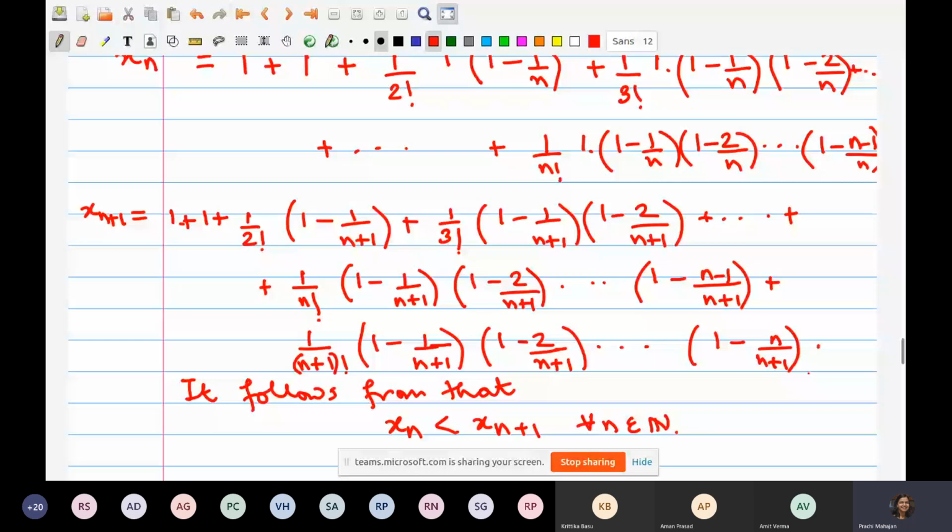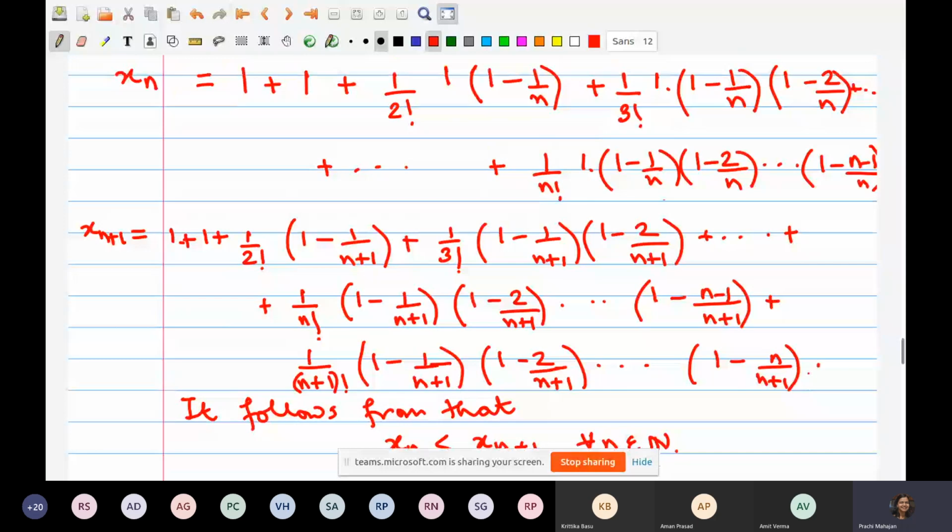Okay, what else? Now, how do I show that this is bounded? Again, I will look at this expression for xn which I have written here, the first line on this slide that you see at your end. So xn is 1 plus 1 plus something, something, something, right? So it is clear that each of these terms in the parentheses, 1 minus 1 by n, 1 minus 2 by n, these are all strictly less than 1.